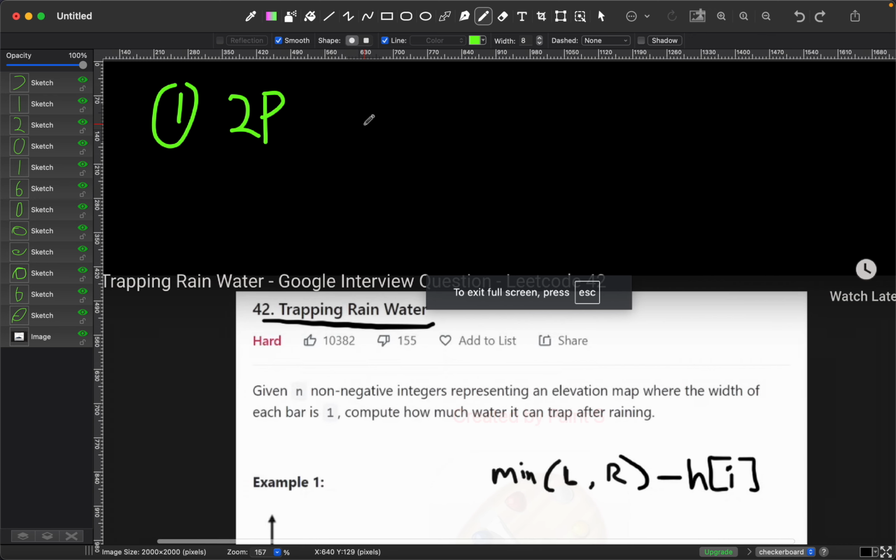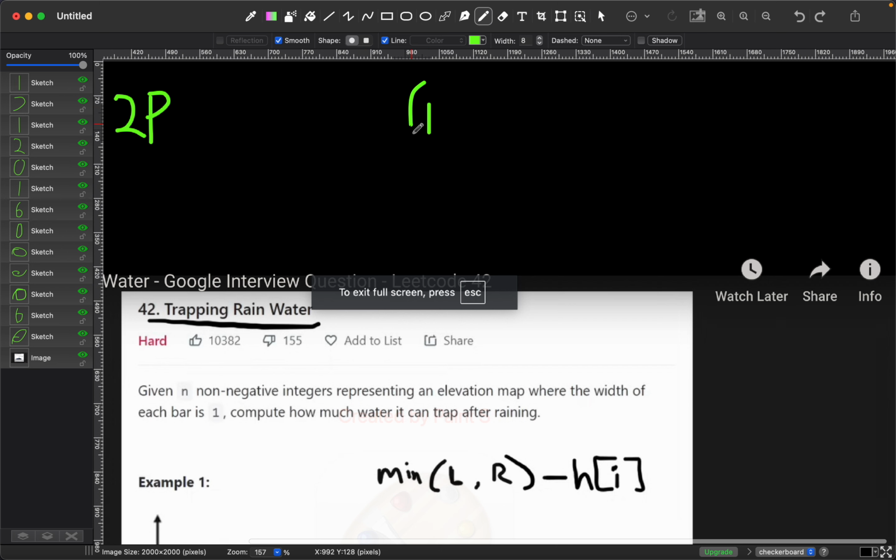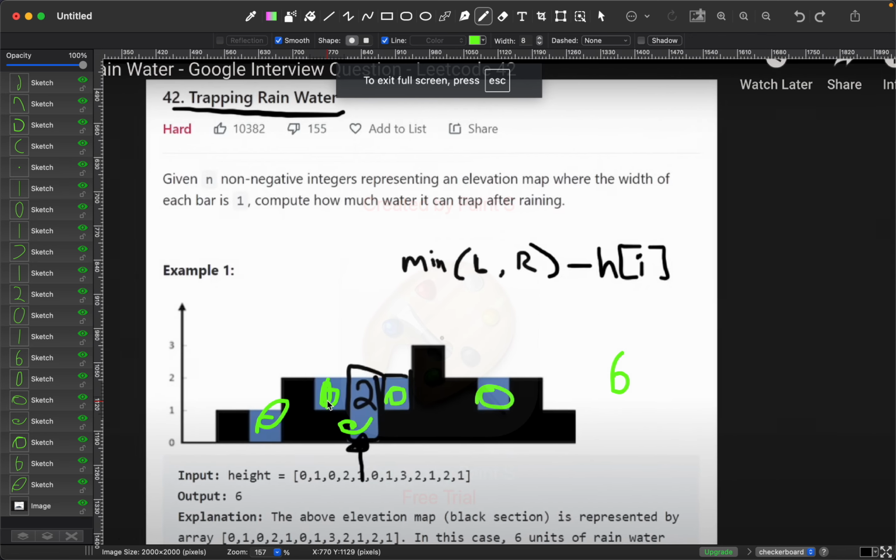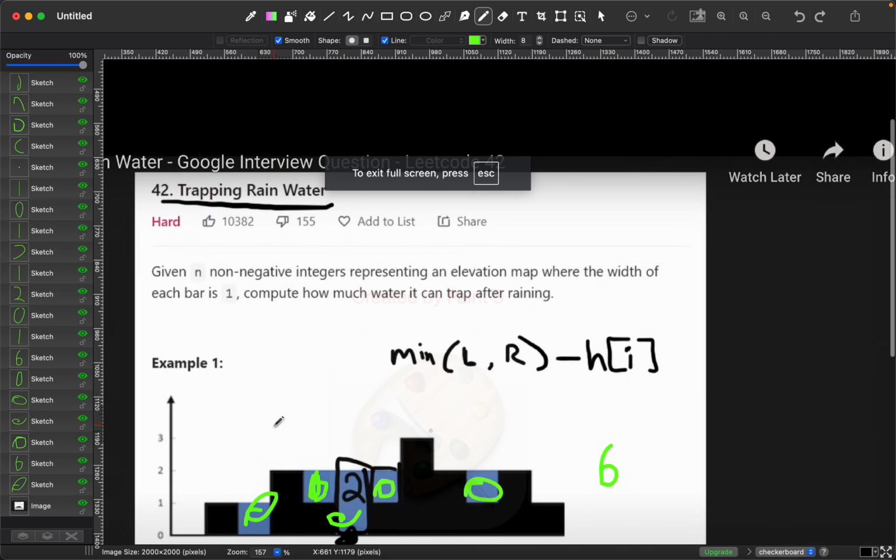This is talking about the conditional statement that says if I have two barriers, then I'm able to trap water.